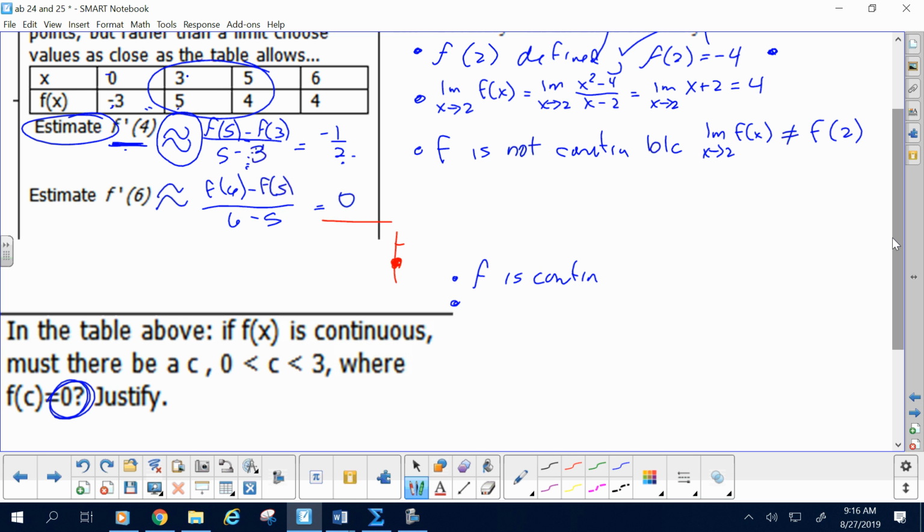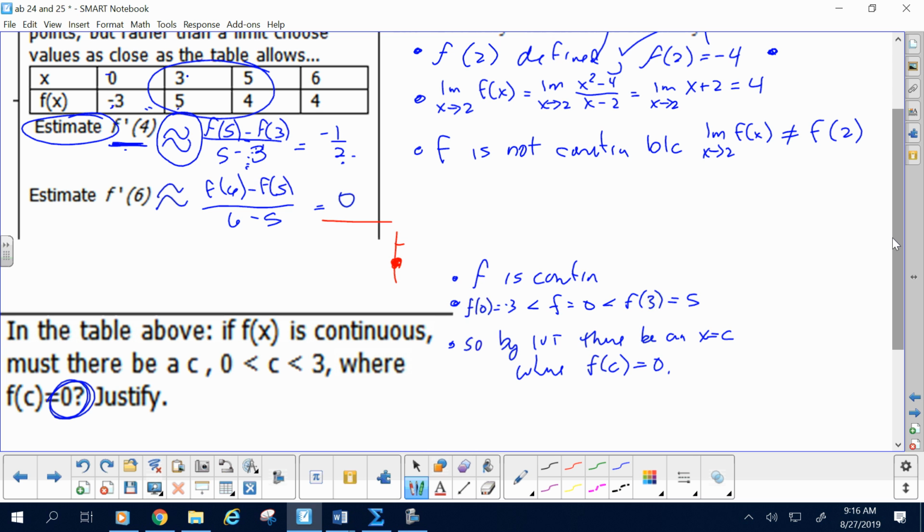Okay, so f is continuous, and f equals 0 can be guaranteed between f at 0, which is negative 3, and f at 3, which is positive 5. So by IVT, there must be a place, x equals c, where f at that point equals 0.